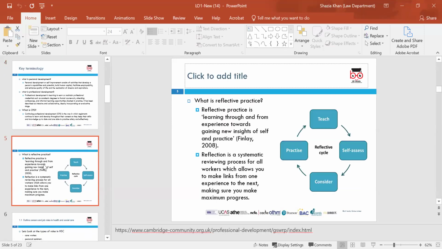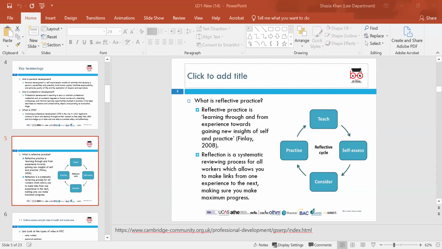So when we look at reflective practice, it's really important. I believe some people don't like reflecting, but it's really important because it's there to look at your own practice, and reflecting properly, learning through experiences. If you don't reflect on yourself, then it would become difficult.